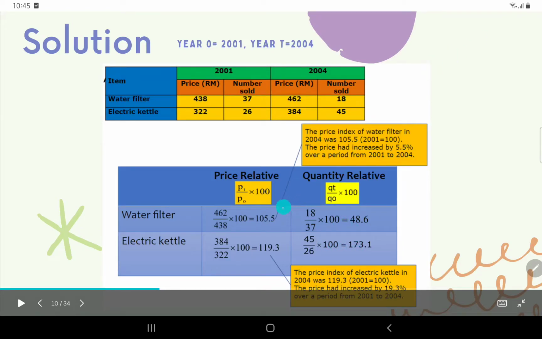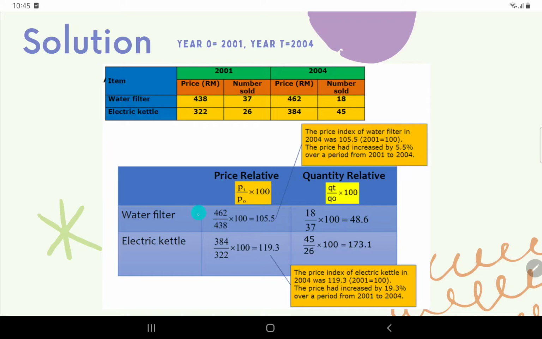So what's the meaning of each of these answers? The first one, the price relative index for water filter, the answer is 105.5. So it means that the price had increased by 5.5% over a period from 2001 to 2004.